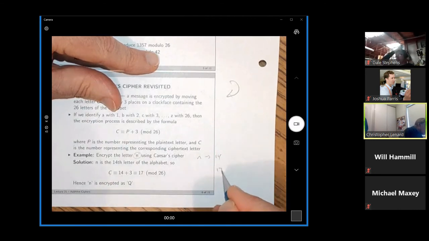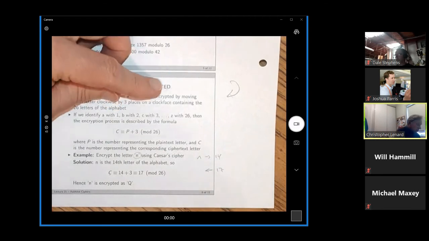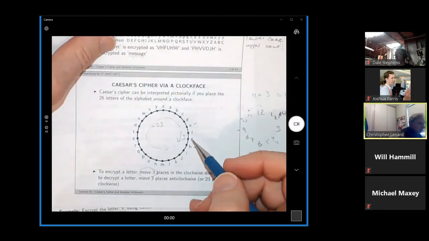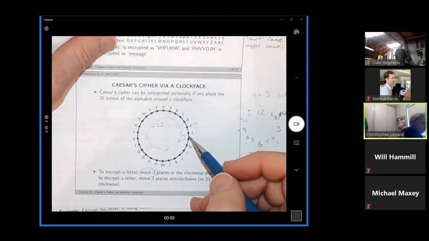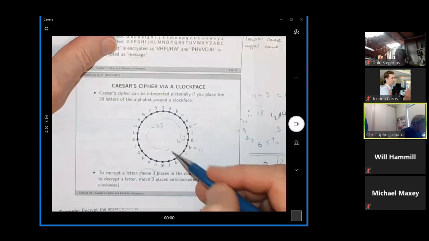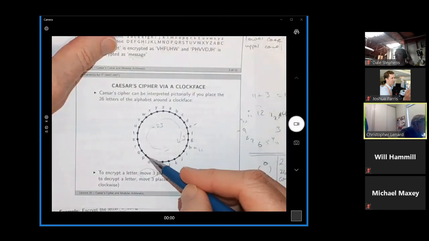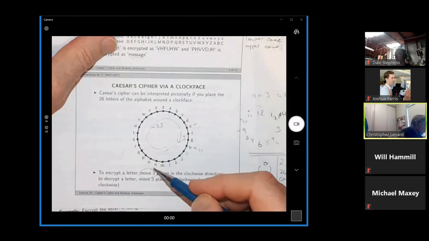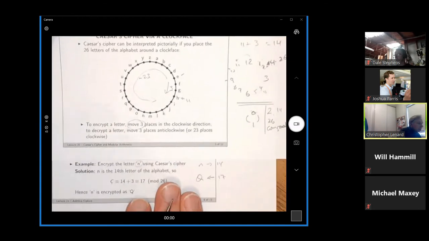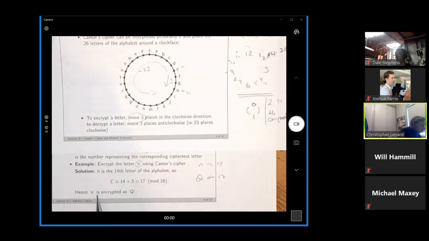So what's the 17th letter of the alphabet? You'll actually get these in the test, so you don't have to worry about writing it out. What's the 17th letter of the alphabet? Well, N is the 14th, 15th, 16th, 17th. So basically Q. So the 17th letter of the alphabet is Q. So N is encrypted as Q.